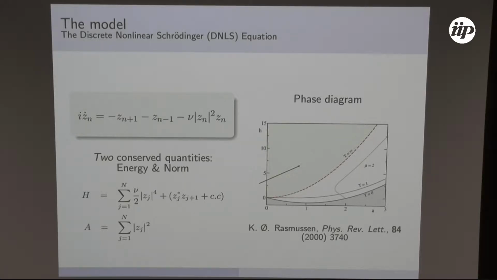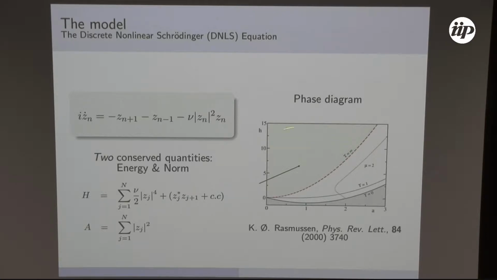That's an important point. Let me also remind you that this model is non-integrable, so basically it displays chaos, and this will be an important ingredient for what will follow. You have two conserved quantities, the total Hamiltonian and the total number of particles, that is basically the total norm of the wave function.